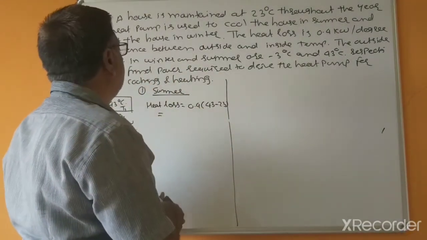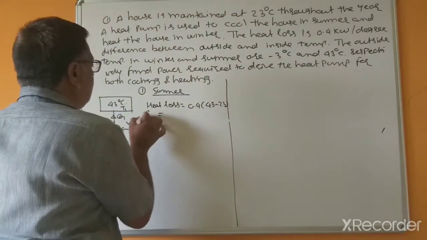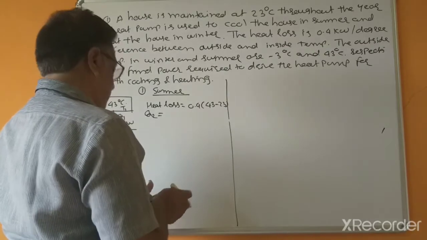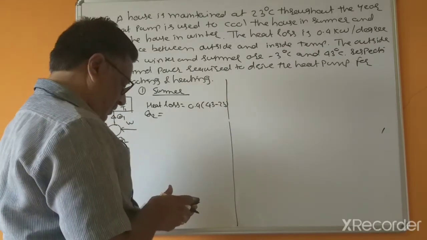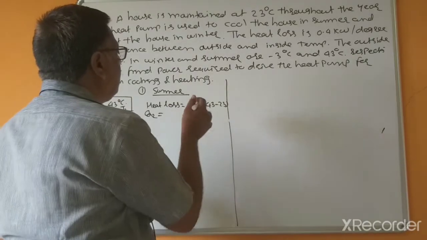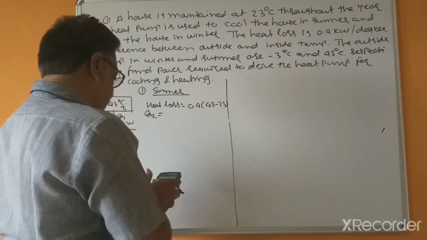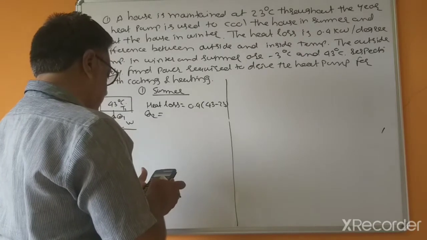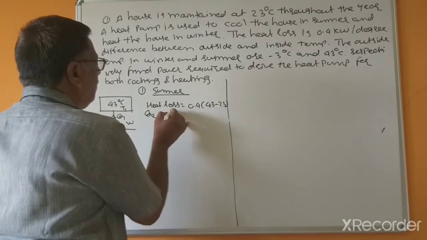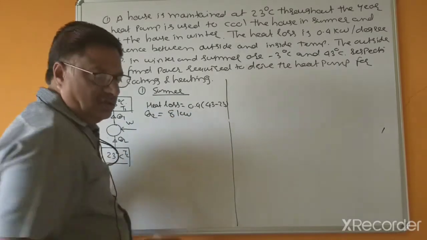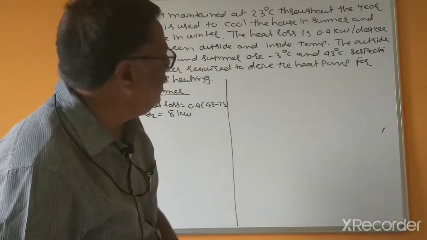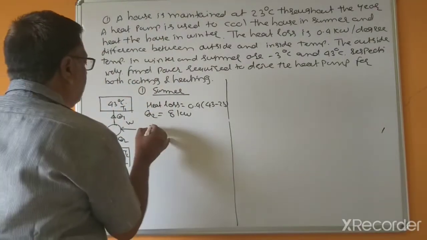This heat loss is equal to Q2. 43 and 23 means the difference is 20. So 0.4 multiplied by 20 is 8 kilowatt. Right? And the COP of the pump.